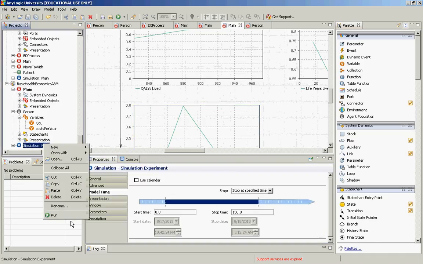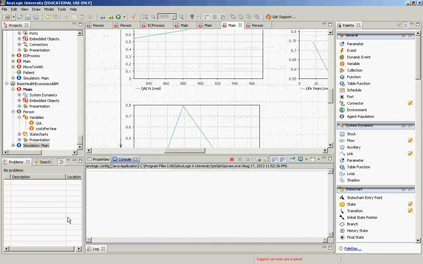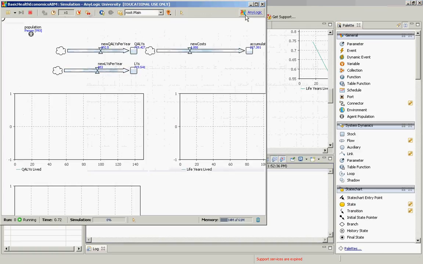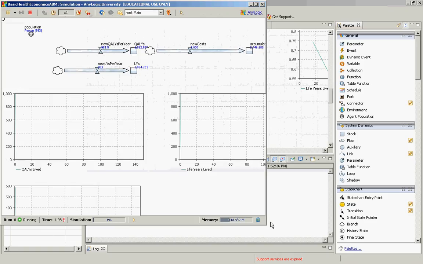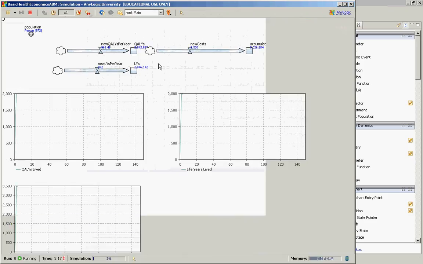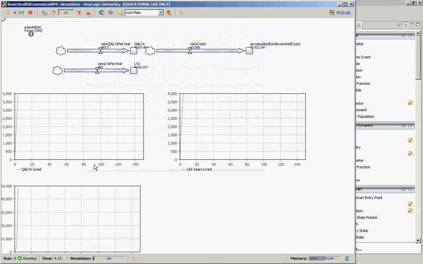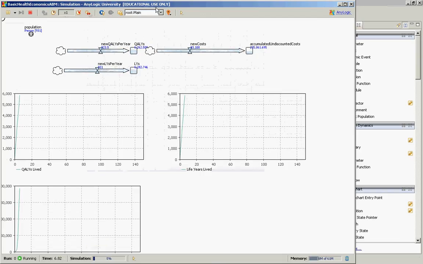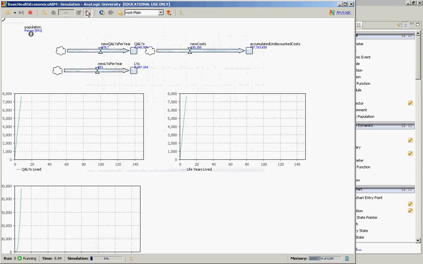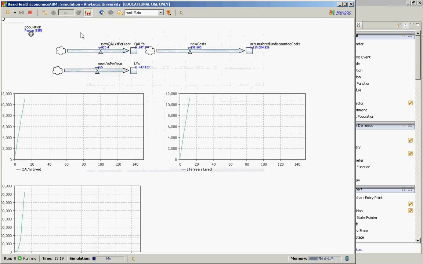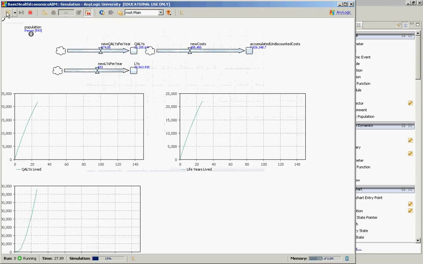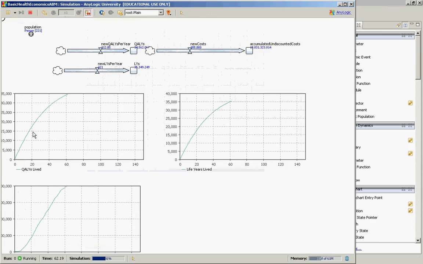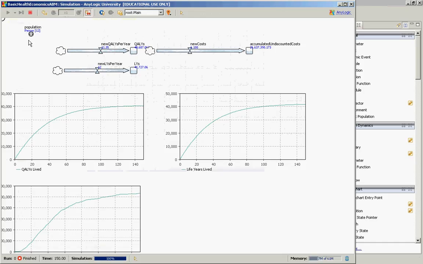It's good practice to frequently build your model. You'll notice that we have these costs being accumulated. In individuals or in different states, we're accumulating different costs by those individuals. And here, as time goes on, we have quality of life to max out, but costs continuing to rise faster than quality of life.